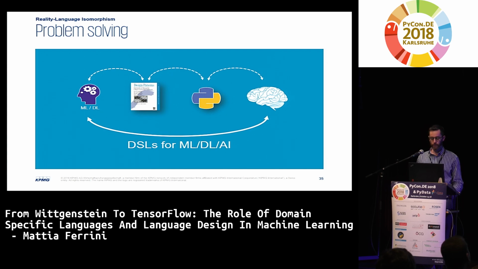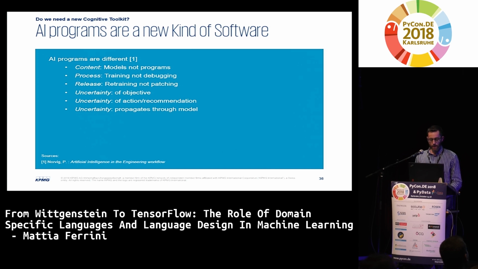Or should we look for something which is a direct way to approach the problem, a way to approach the problem which is more isomorphic to the domain? And we found online a great talk by Peter Norvig.